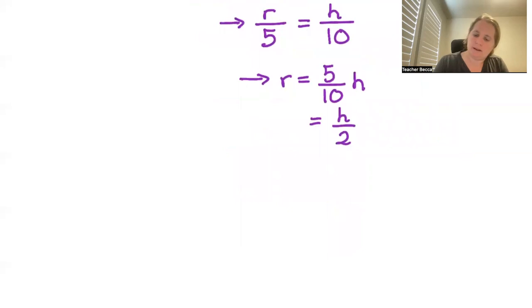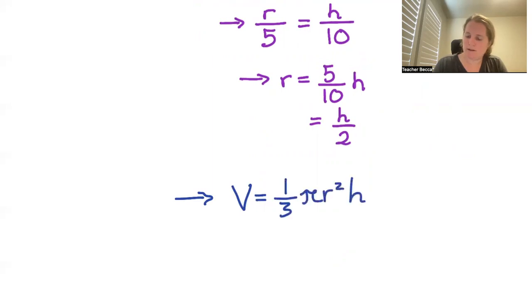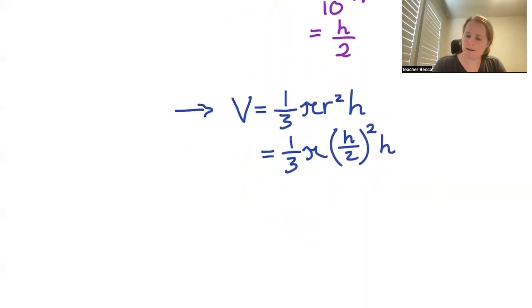So what we get then is that our volume is equal to 1/3 times pi r squared h, which is actually 1/3 times pi times h/2, that entire h/2 squared, times h, otherwise known as 1/12 pi h cubed.